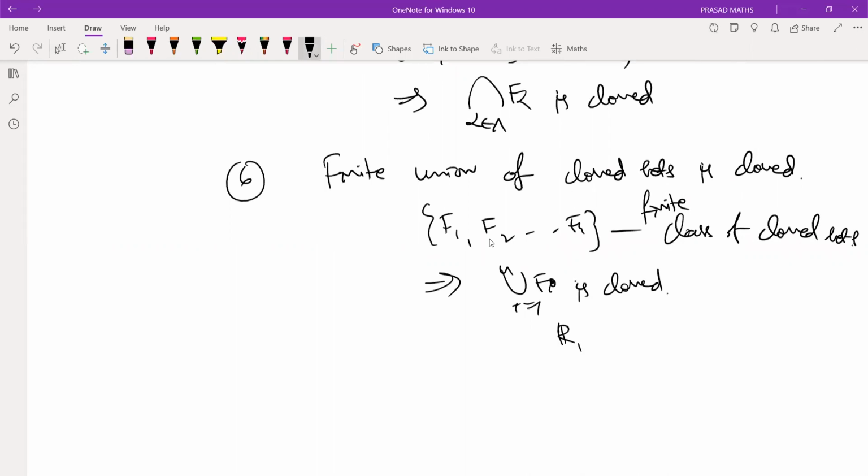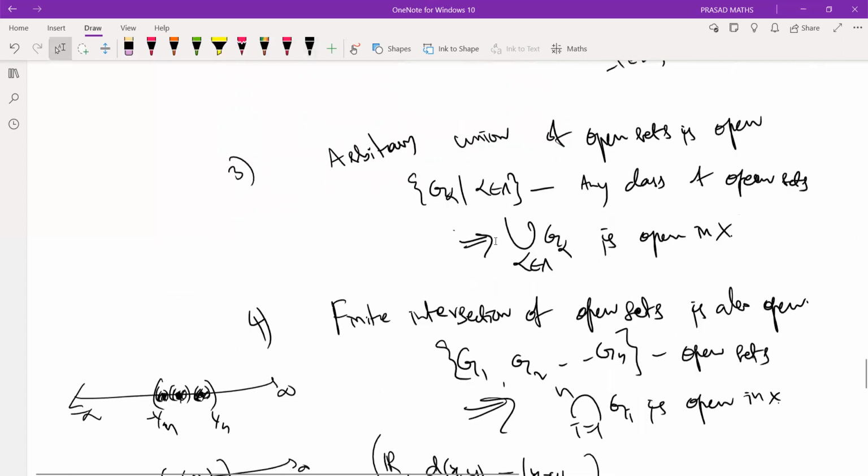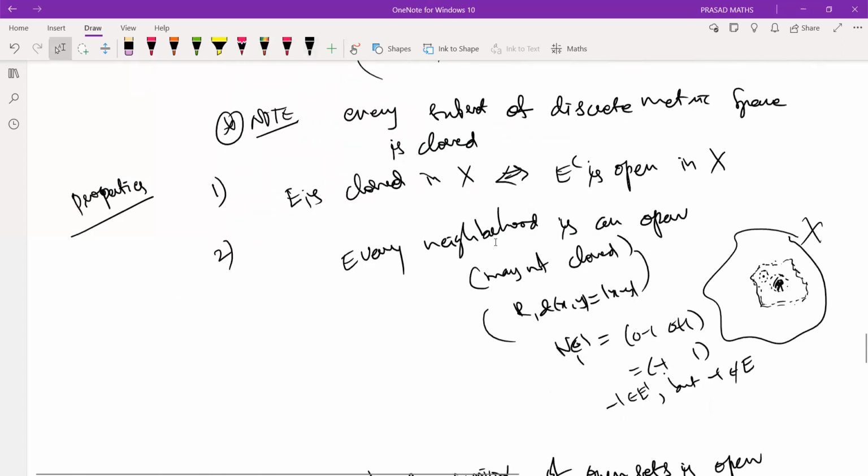We have seen in the basic analysis course, which works because it's a metric space. Each singleton is always a closed set. One property is every finite set is a closed set in a metric space.